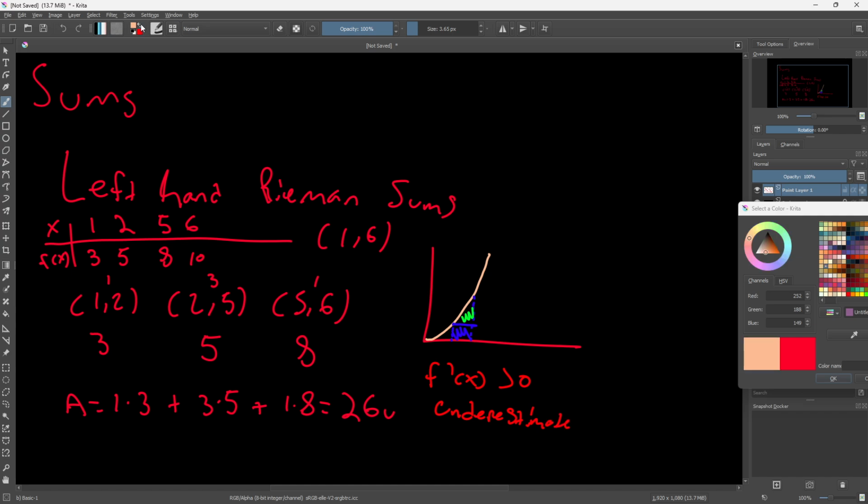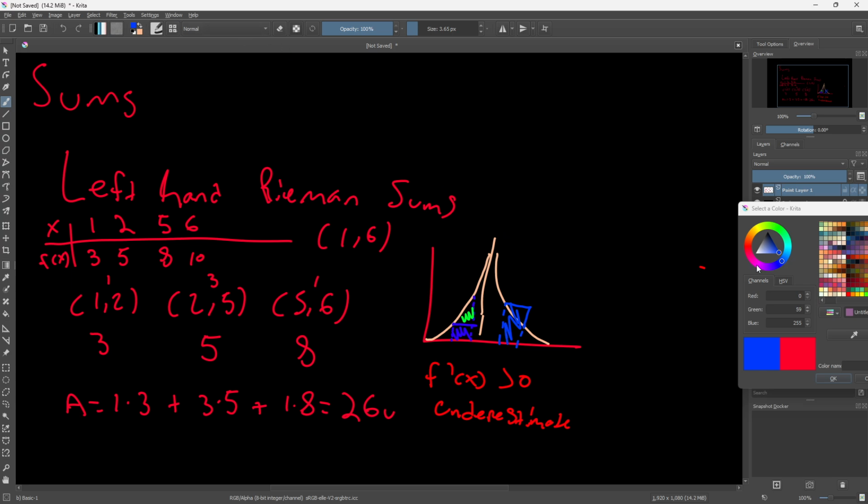And similarly, we can do this again. If it's a decreasing function, and we do this, then the left-hand sum would be an overestimate.